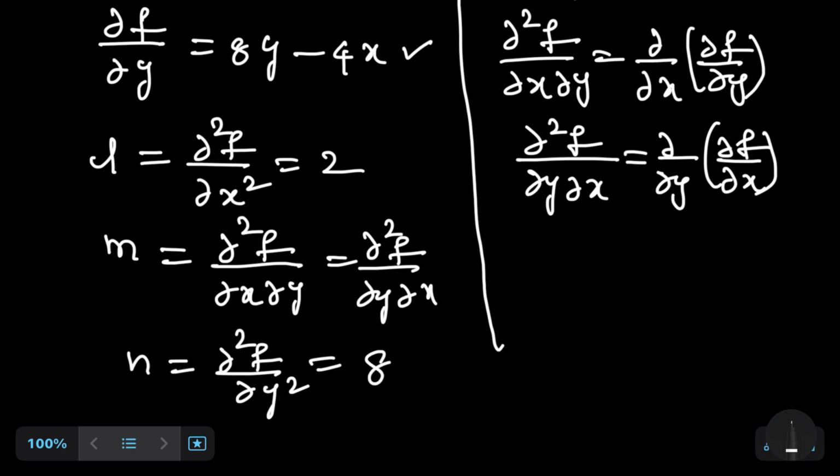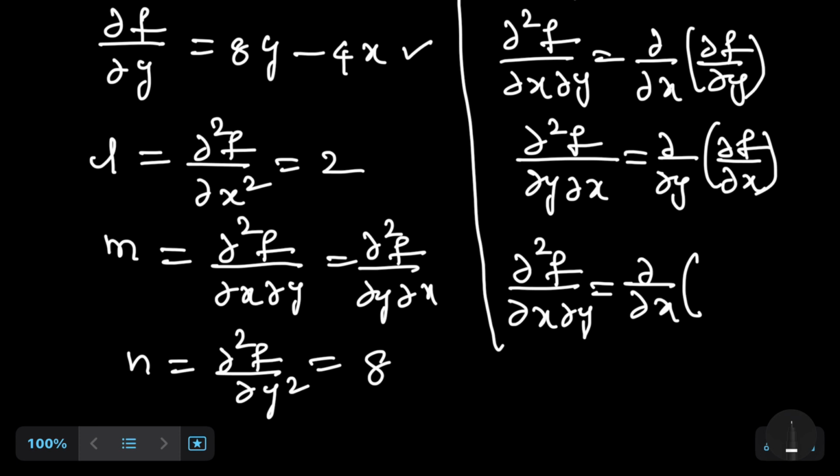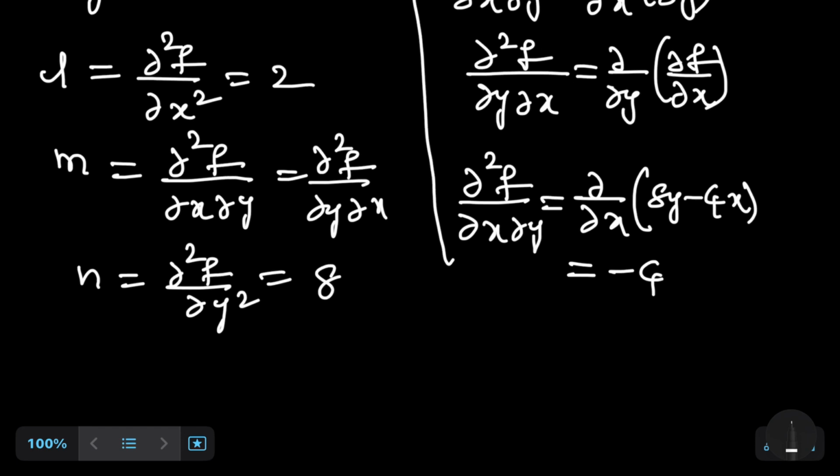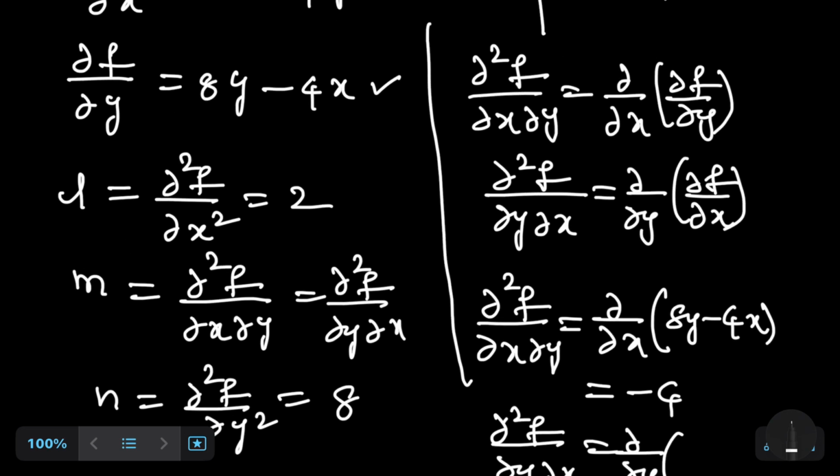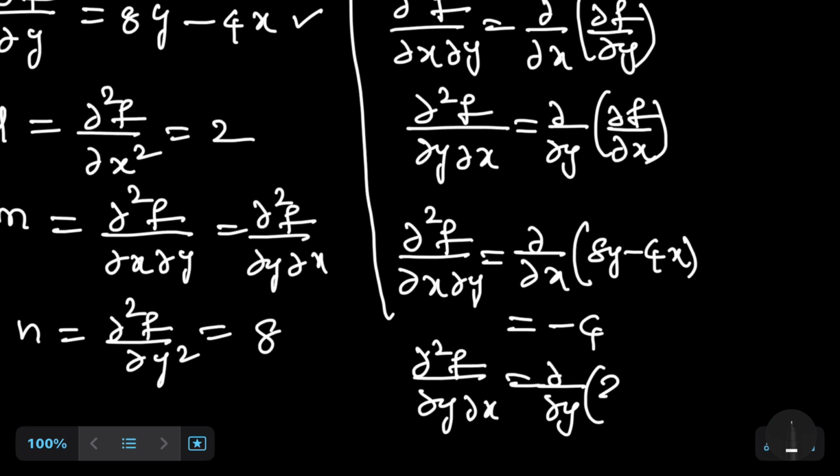Now ∂²f/∂x∂y is ∂/∂x of ∂f/∂y, which is ∂/∂x of (8y − 4x), equal to −4. Now ∂²f/∂y∂x is ∂/∂y of ∂f/∂x, and ∂f/∂x is 2x − 4y. Its derivative with respect to y is also −4.